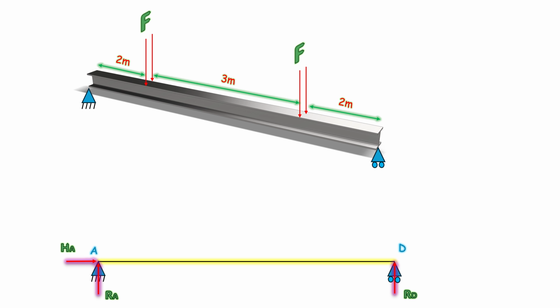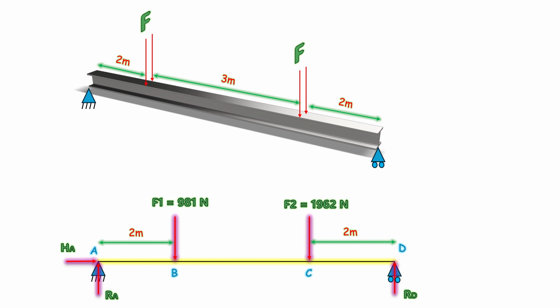Point load F1 equals 981 Newton, acts at point B, which is 2 meters away from the left end, and point load F2 equals 1962 Newton, acts at point C, which is 2 meters away from the right end. Distance between the two loads F1 and F2 is 3 meters. This is the complete free body diagram. Before going further, let's consider sign conventions.